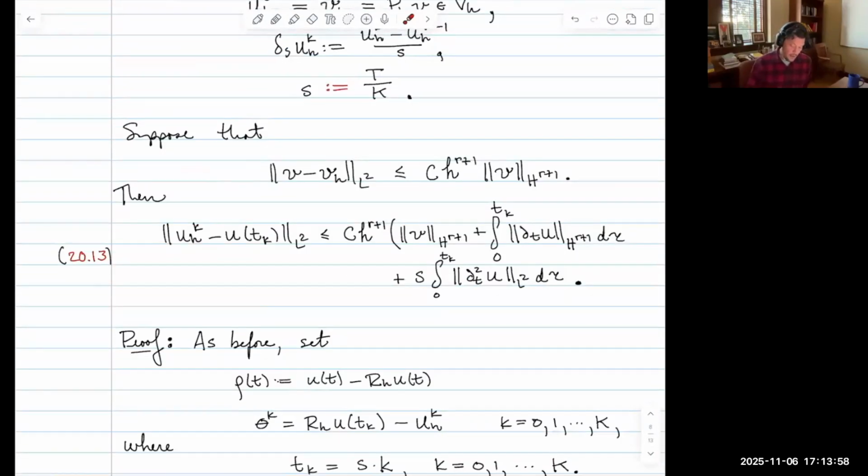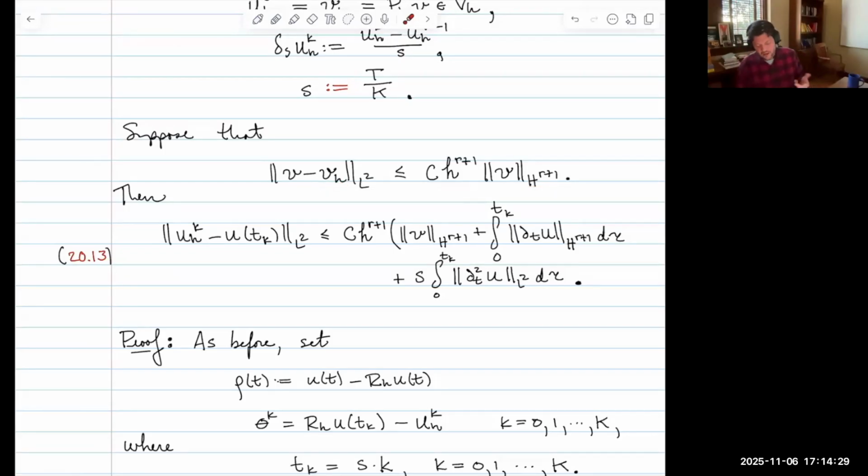Then I'm also going to assume that v minus v_h in the L2 norm is less than this estimate here, a constant times h^(r+1) times the H^(r+1) norm of v. This is just an optimal order error estimate. If I were to use the interpolant or the Ritz projection operator to calculate this, then this optimal order error estimate will hold.